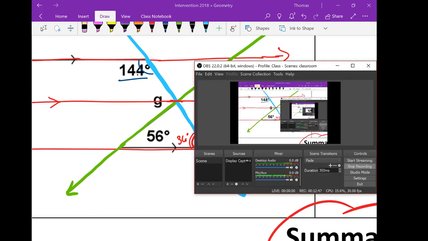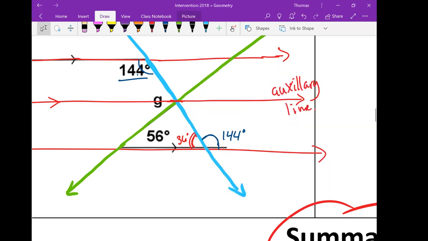So looking at our diagram now, if I go back to the 144, I see 144 is actually the same side interior angle. It's the same side interior angle as this little one right here. They're both on the left side of that transversal. They're in an interior. Right?